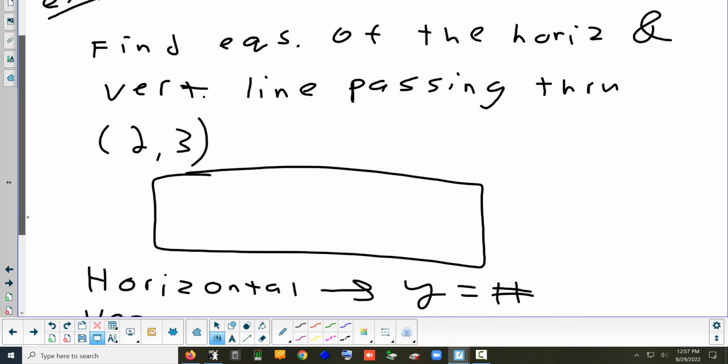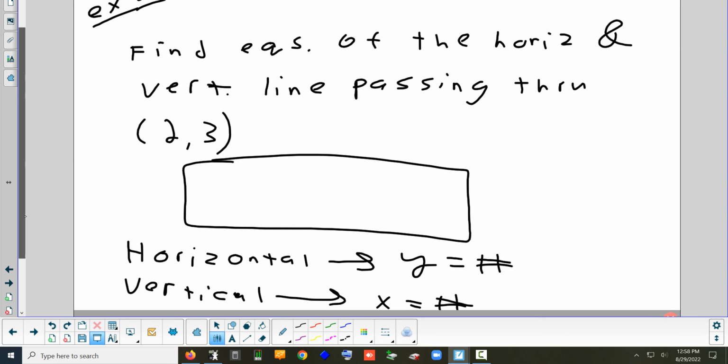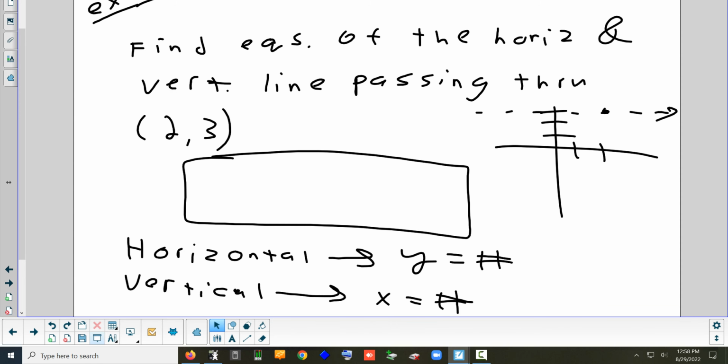So let's say we wanted to find the equation of the horizontal and vertical line that goes through the point 2, 3. So here's your point. What would be the equation of the horizontal line that I just drew that goes through the point 2, 3?